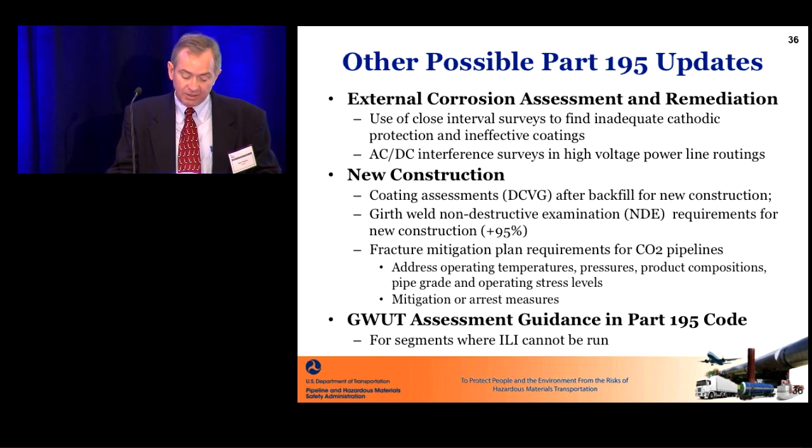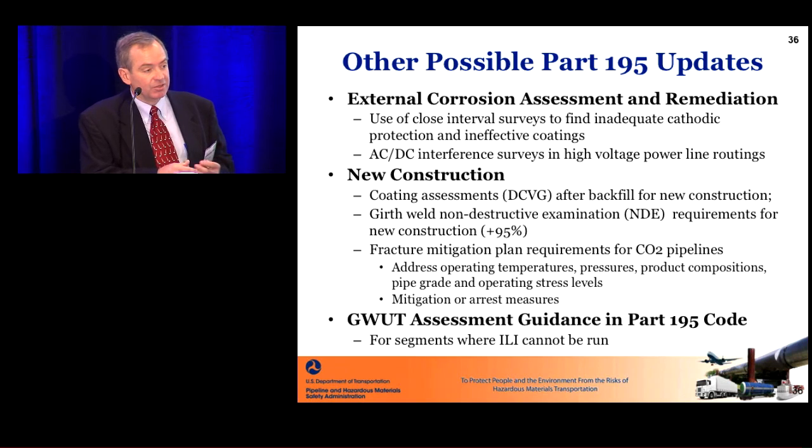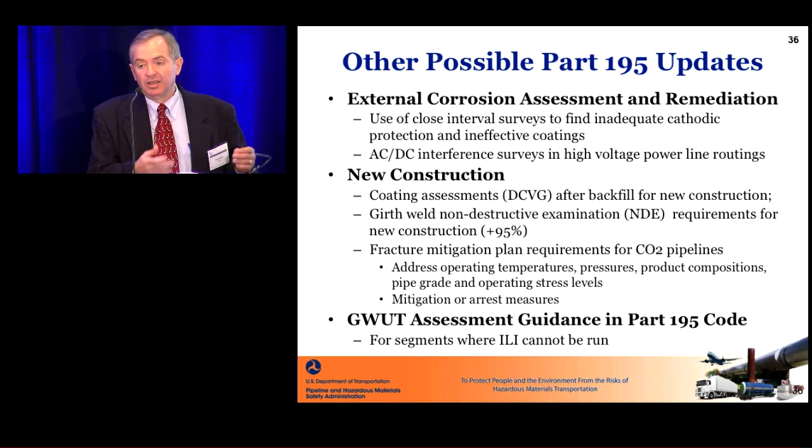And then the last is on guided wave UT assessments for short segments that you can't run an ILI tool and it's just not practical to pressure test. We would be looking at guidance to go in the code allowing you to use that. I know now you can come to us as alternative technology and get a no objection.